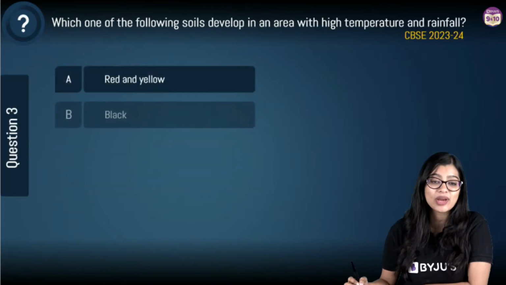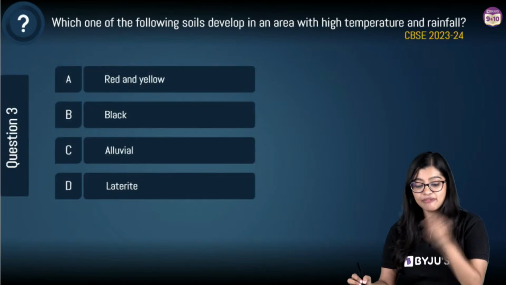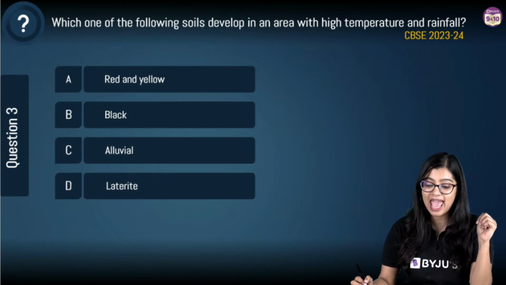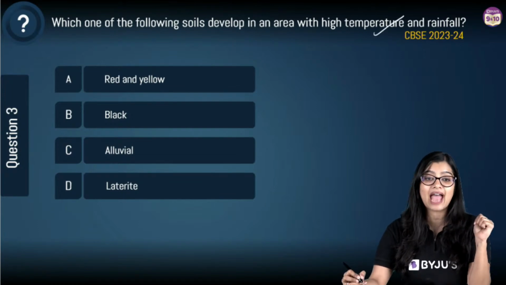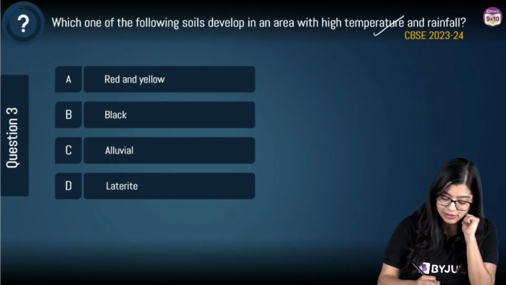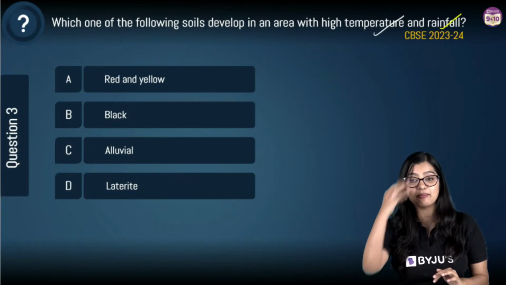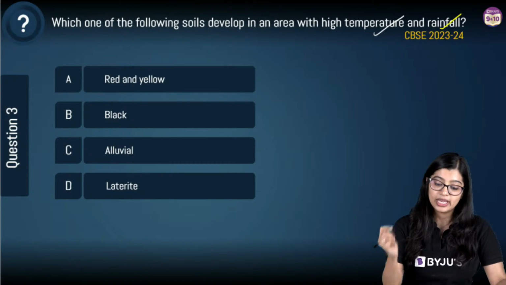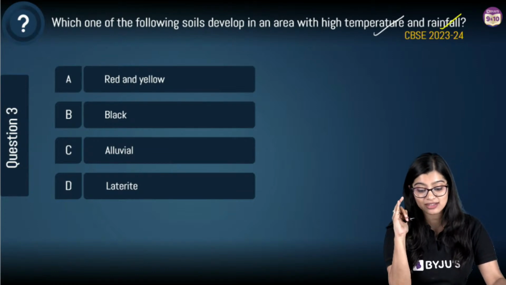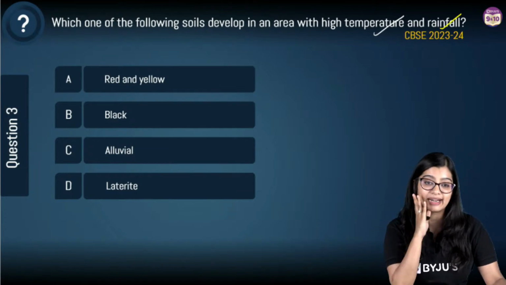Now we will move on to question number 3. Which among the following soil develops in an area with high temperature and rainfall? Is it red and yellow soil, black soil, alluvial soil, or laterite soil?